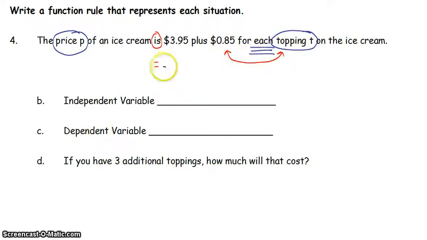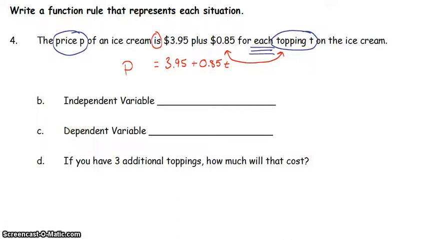So my function rule will be P, the price, equals, is $3.95 plus 85 cents times T, the number of toppings. Each means multiplication.